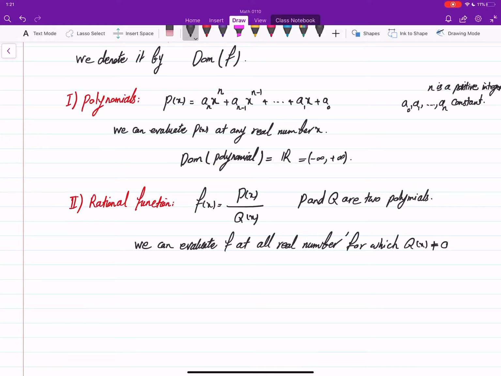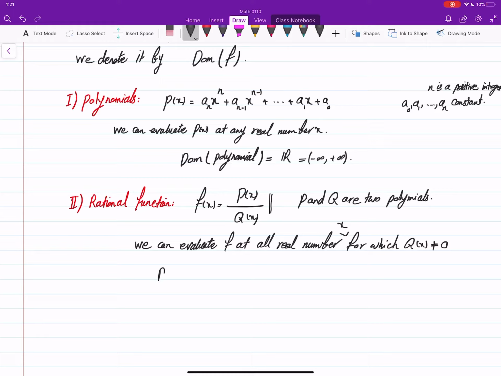If q of x is 0, then we cannot define this ratio, this quotient. That's the restriction. It's very important, and you have to always keep in mind: the denominator cannot be equal to 0.